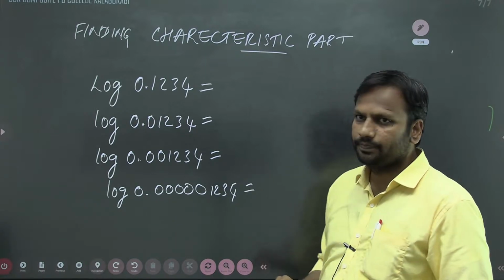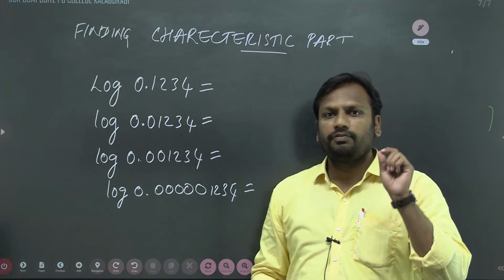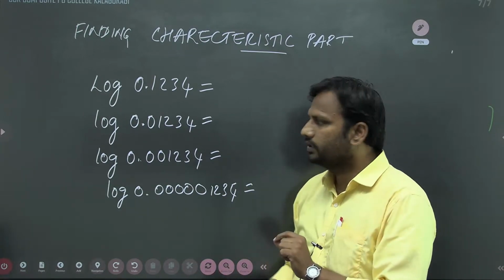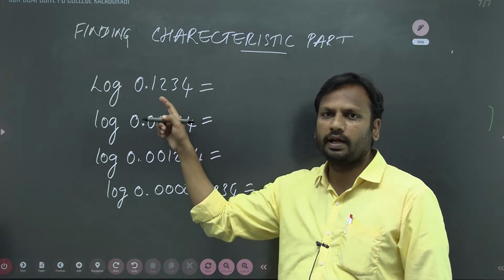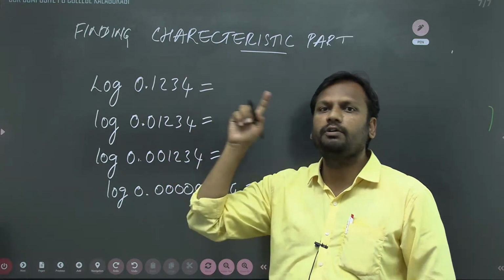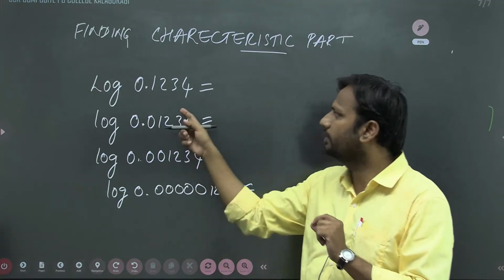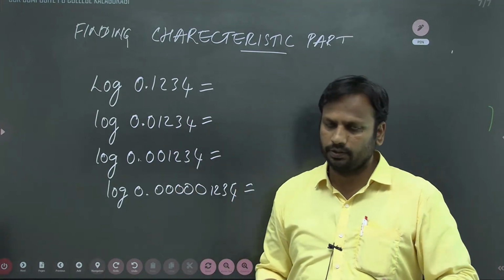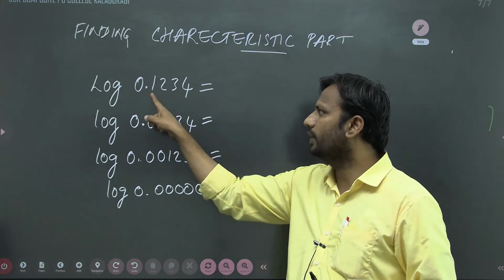So now we see here, we have to see the first significant figure after the decimal point, and find out its position. First significant figure means a non-zero number. You should see after the decimal point.